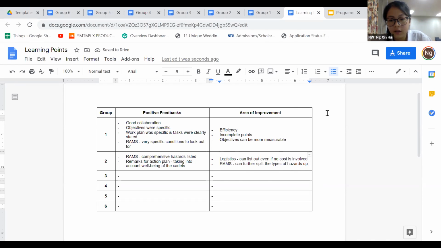Also we can take note of our objectives to make them follow the SMART framework instead of being too vague or general. So why do you think your group didn't include the SMART goals, or why were you all vague about the objectives? At first, but for the recent one, I think we edited. Okay, so it was initially vague, but then you all further improved on it. Yeah.